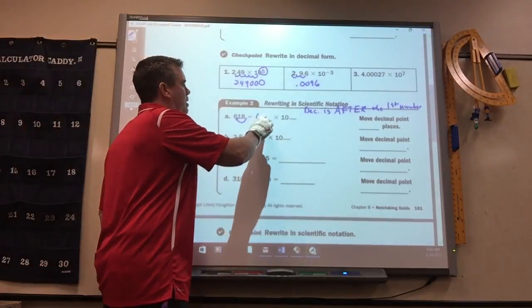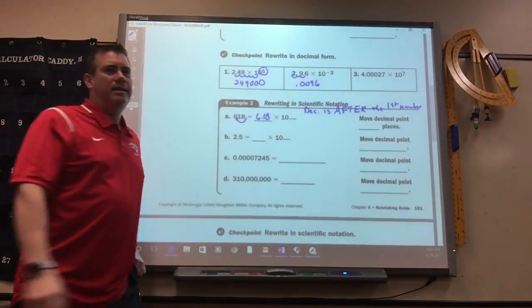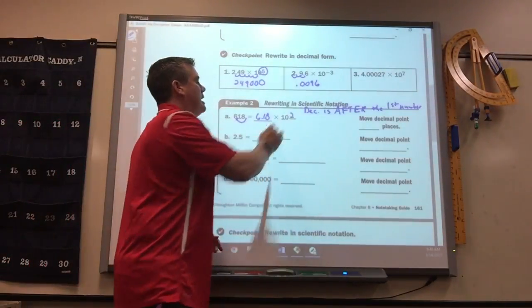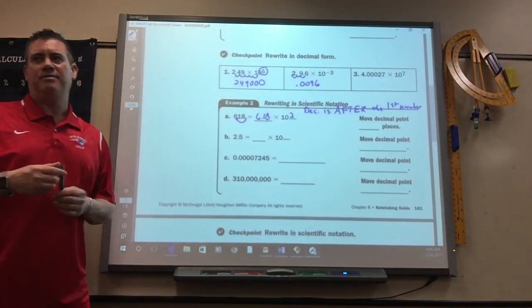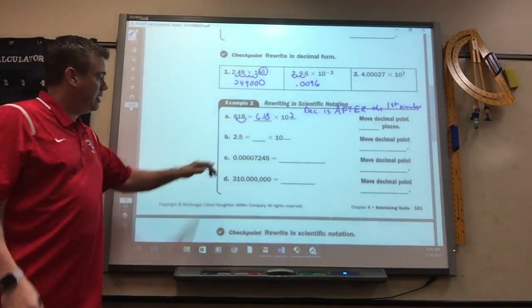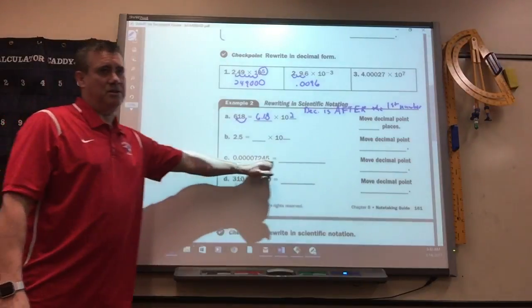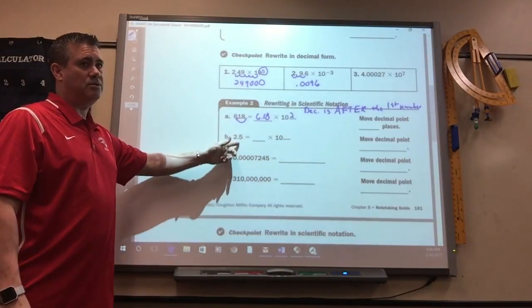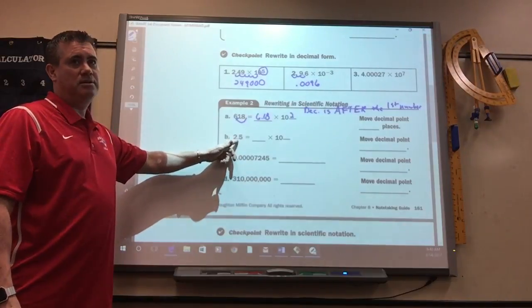So it's 6.18. The exponent is just how many spots I moved it, 1, 2. Now, to tell whether it's a negative or a positive exponent, if it's a decimal, it's going to be negative. If it's more than 0, like here, it's going to be positive.